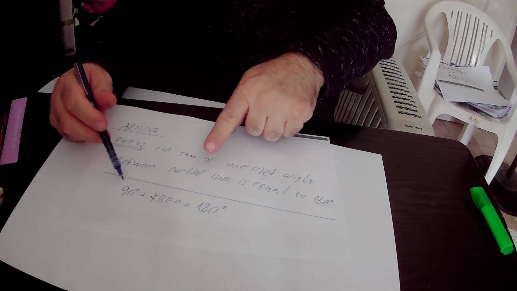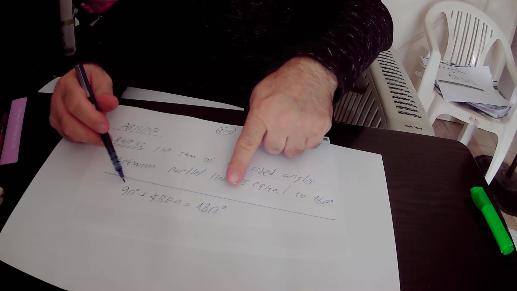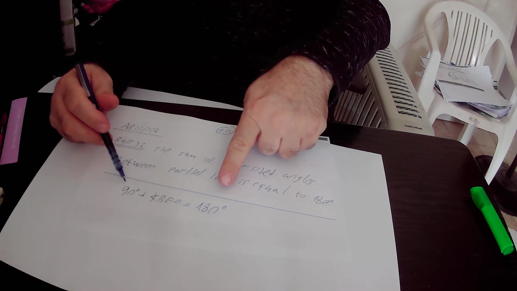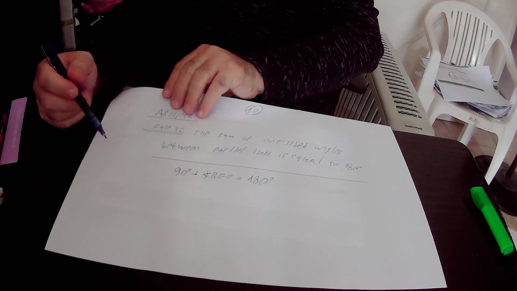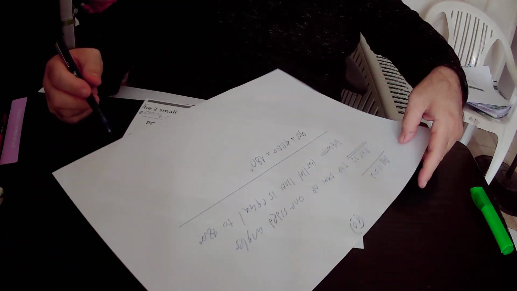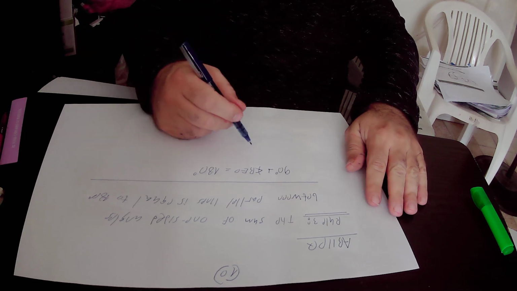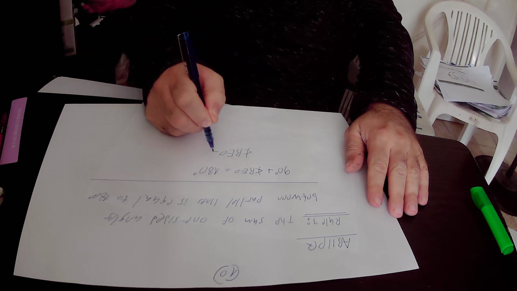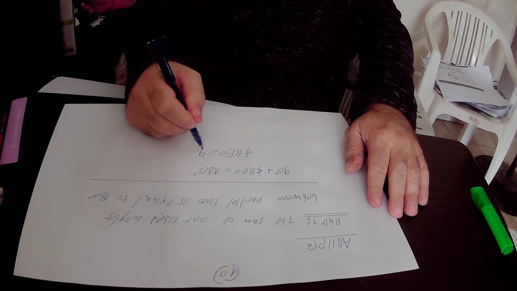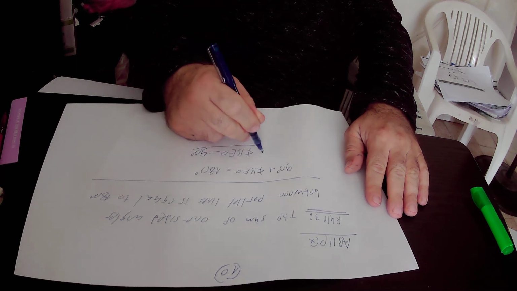Here we will subtract 90 degrees from this equality, and we will get that angle BEO equals 180 degrees minus 90 degrees, which equals 90 degrees.